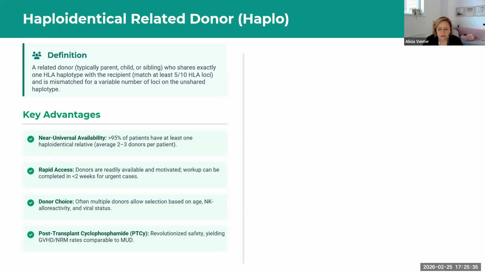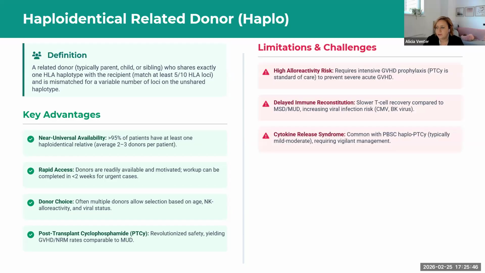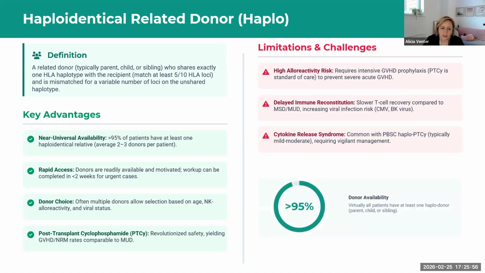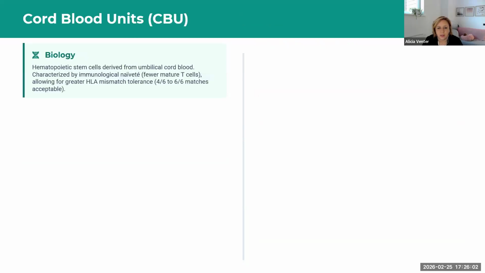Donor choice, you can definitely choose whether you want an older parent, younger sibling, whatever. And then, of course, improved outcomes with PT-Cy. The limitations: high alloreactivity risk, delayed immune reconstitution, and the sad but very real cytokine storm. But again, it does mean that there is high availability for haplo-related donors.